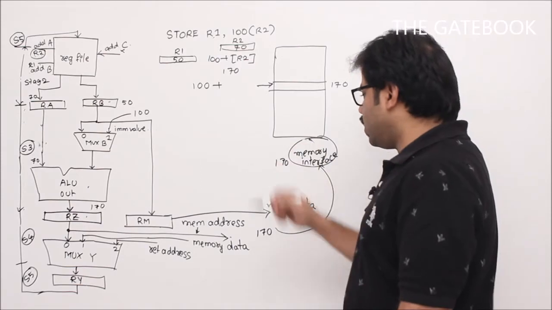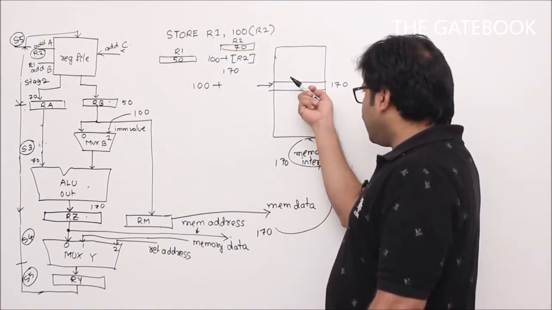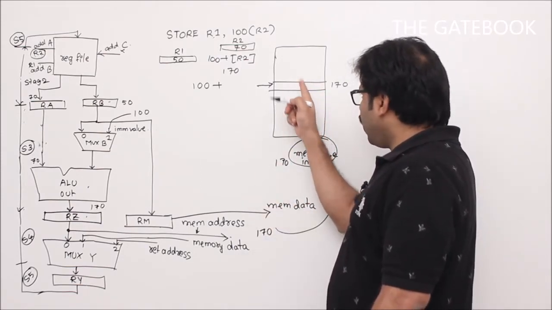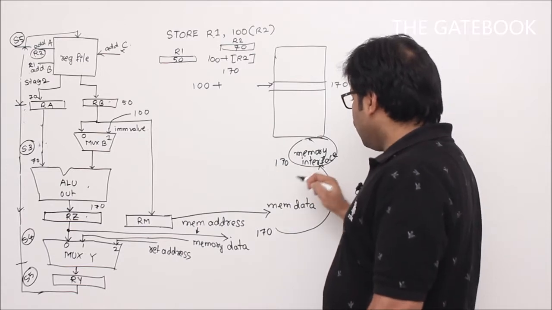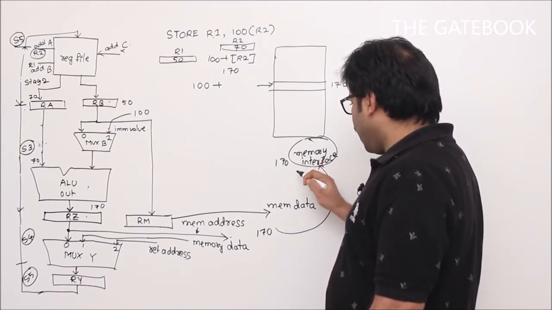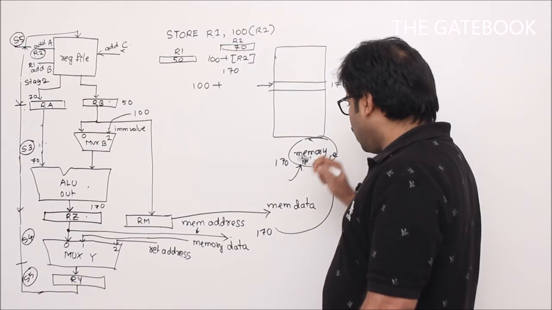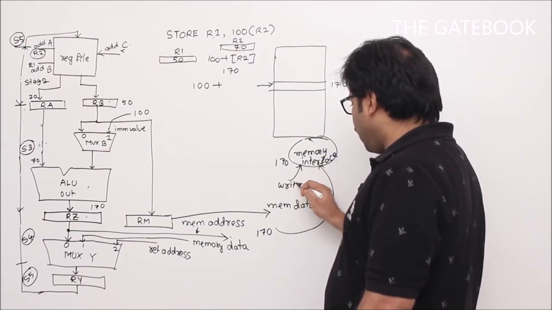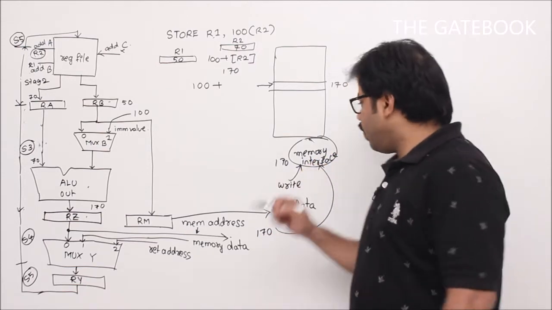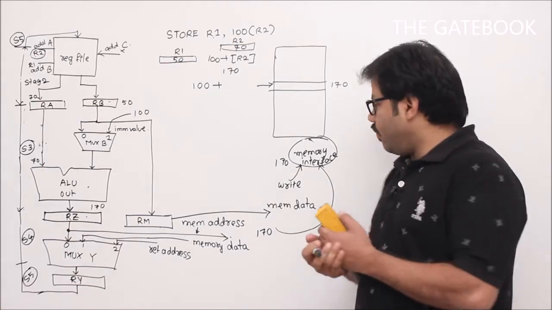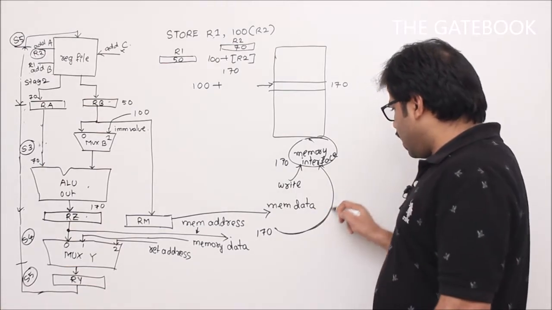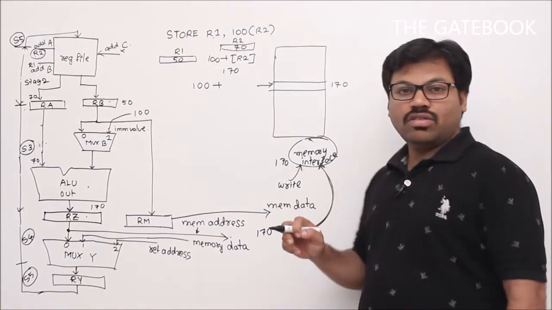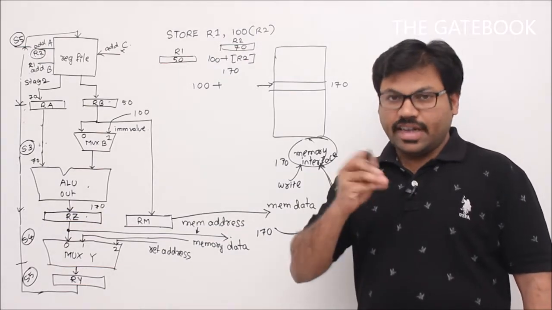Now since it is a store instruction, this time we are not taking the data from this memory location, we will be storing there, correct? That's why we have to inform the memory interface, my dear memory interface, this time our instruction is writing, please write. Then the memory interface asks, yes, I can write. Where do I have to write? I am providing the address. Then the memory interface will ask you to provide the data also.